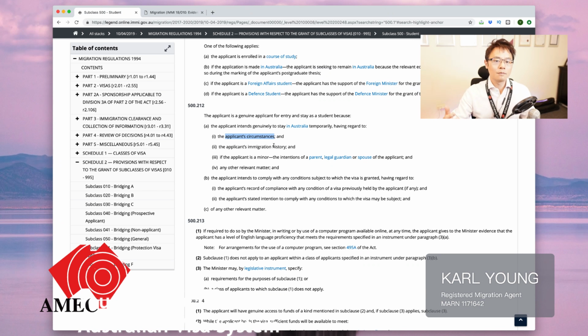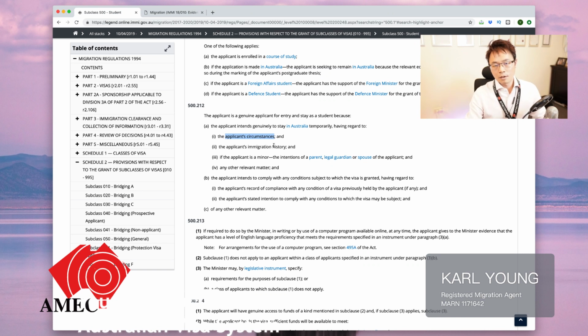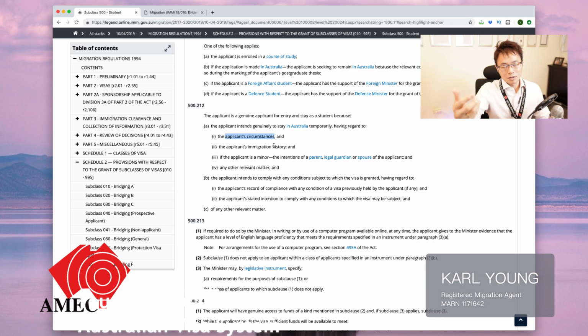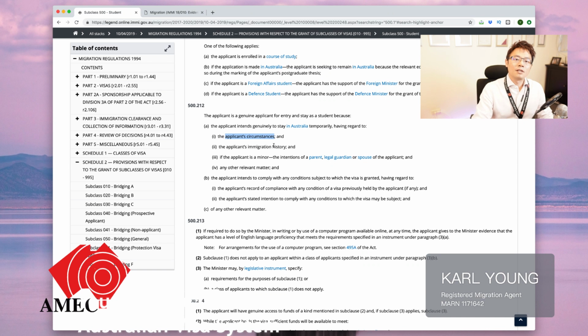Obviously, the higher the achievement the applicant has, the better the rate of success, and you will be able to enroll into a better university and a higher level of degree, so the less level of assessment under your application. All that history is required to be written in detail and submitted in your application.